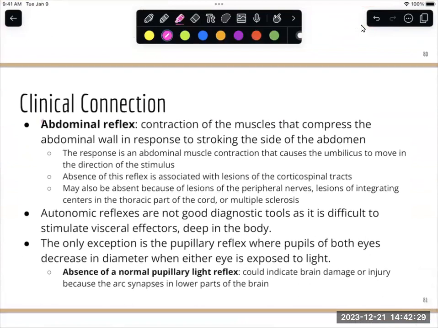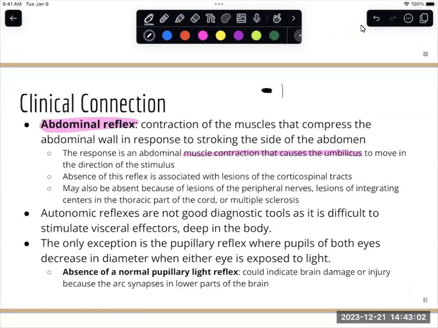Here's a fun one. An abdominal reflex. So when you stroke the abdomen around that umbilicus, it'll cause those muscles to contract and pull that umbilicus towards the direction of that stimulus. So here's that umbilicus.